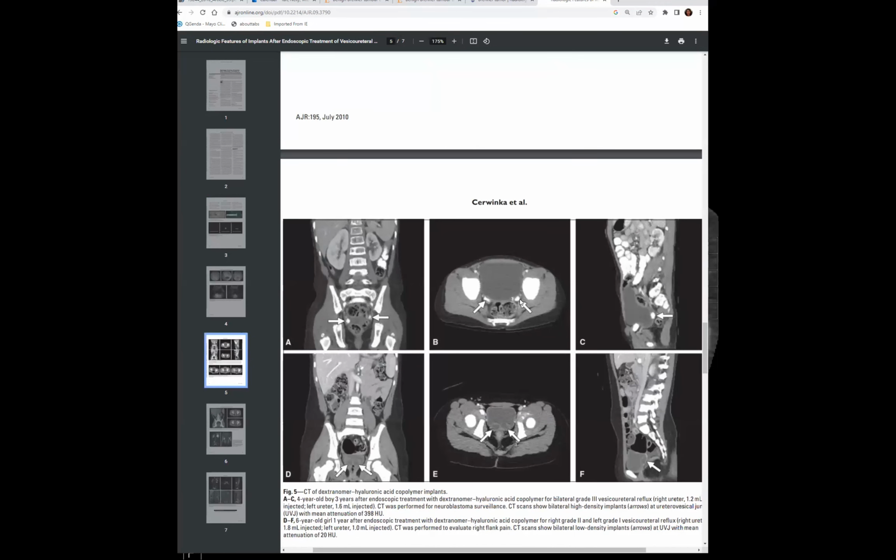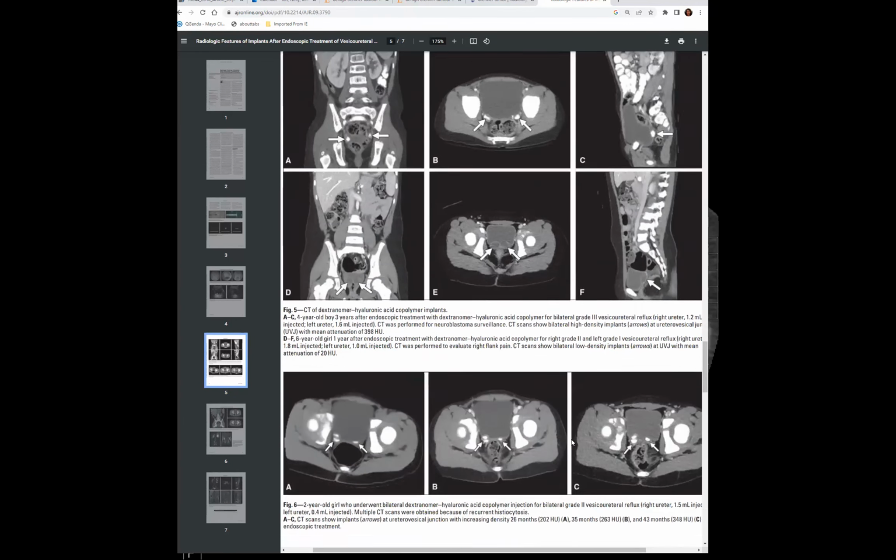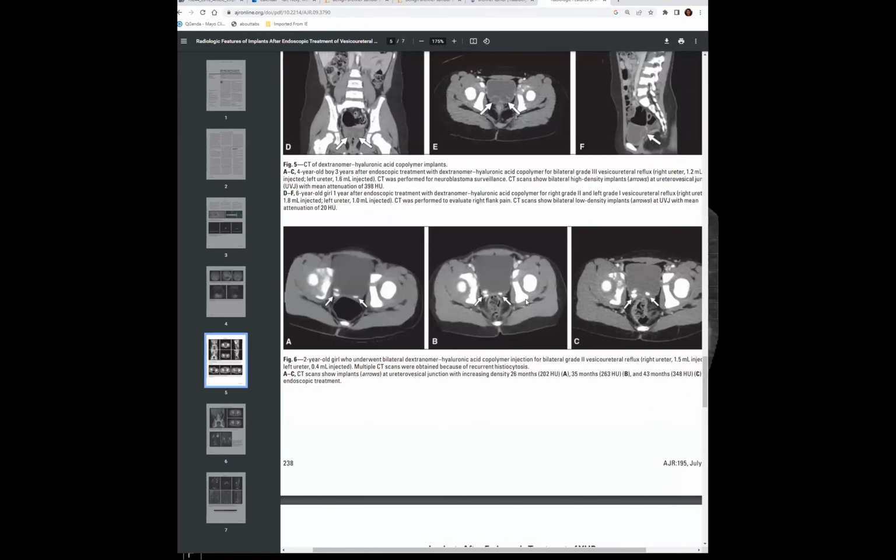You have this hyperdensity at the ureterovesical junction, and the idea is they inject it to elongate the trigone, or reduce the risk of reflux. Classically it's a submucosal injection, and here are additional examples of that.